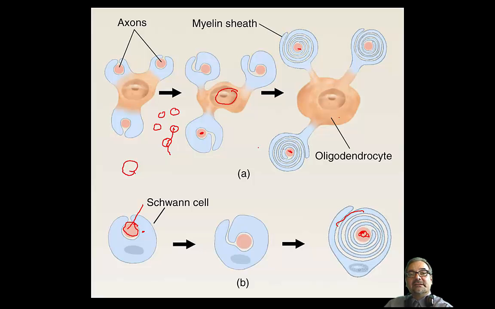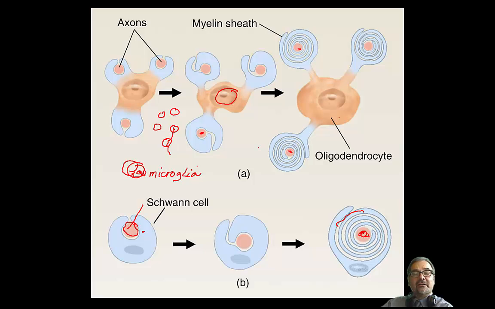So these cells actually eat up invading cells like bacteria or viruses. When they encounter an invading body, they will wrap around it, swallow it and digest it. This process is called phagocytosis, and it is done by a specific cell inside the brain called microglia.